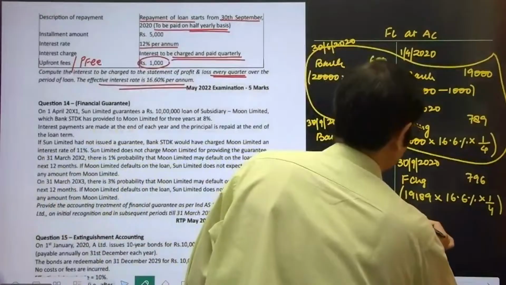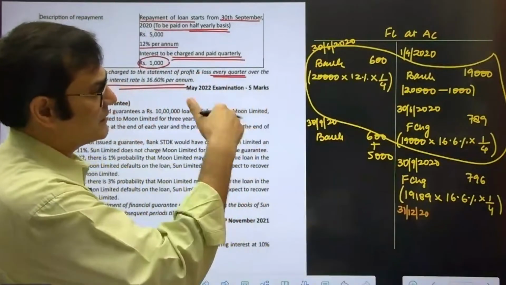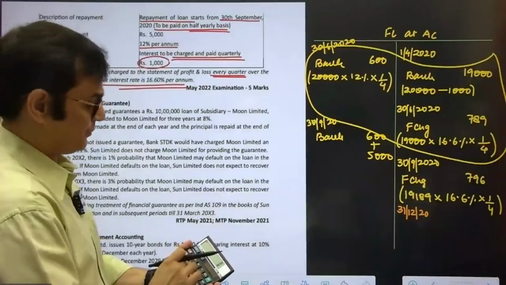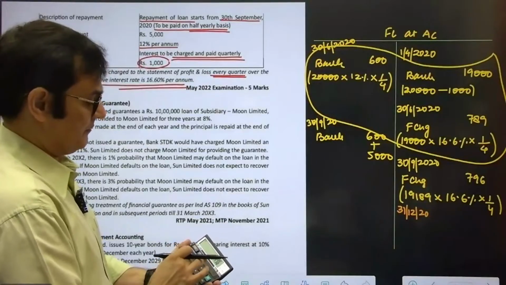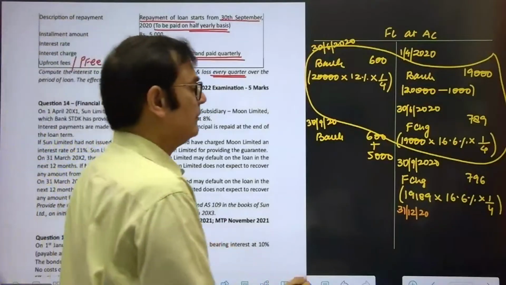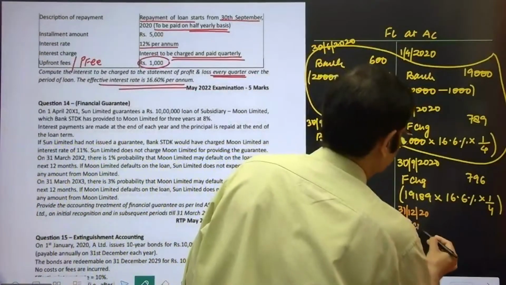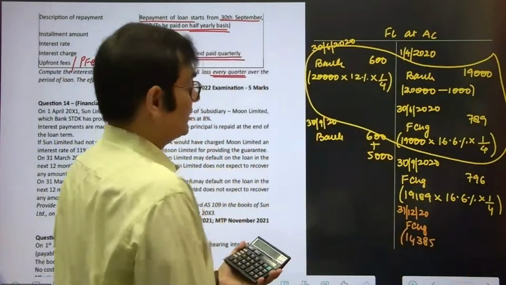So we got to do the entries on December 2020. So let's see what is the balance effectively at this stage. 789, 796. So I think the effective balance is 14,385, I guess. So 14,385, I think is the balance.